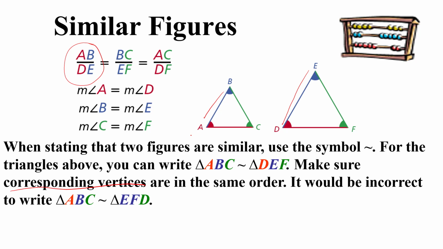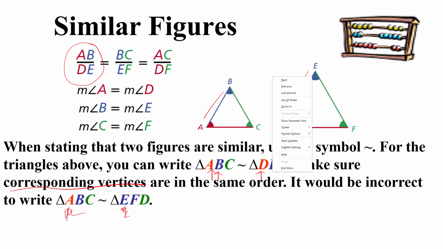It would be incorrect to say that triangle ABC is similar to triangle EFD, because then we would be saying that A corresponds to E and it does not. A corresponds to D, and thus angle A and angle D are congruent. Angle B and angle E are congruent.